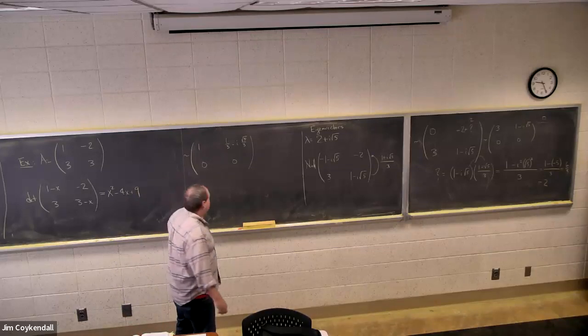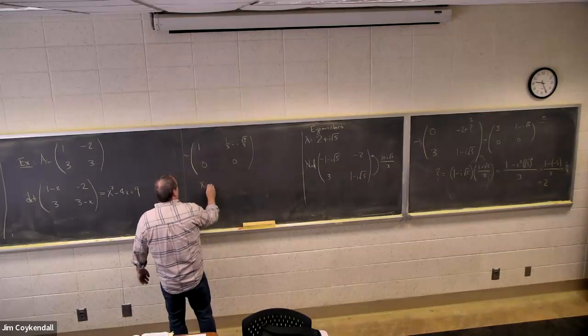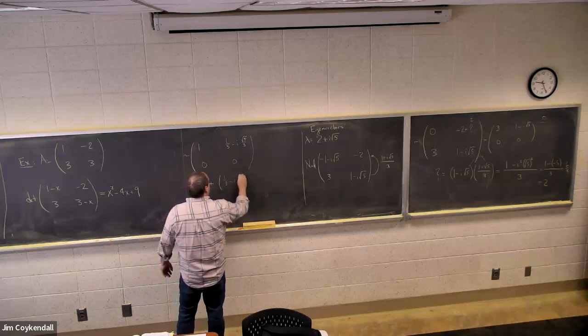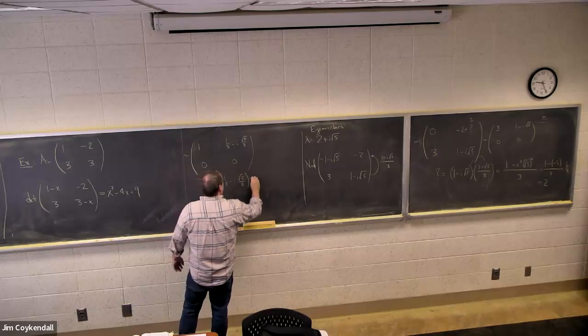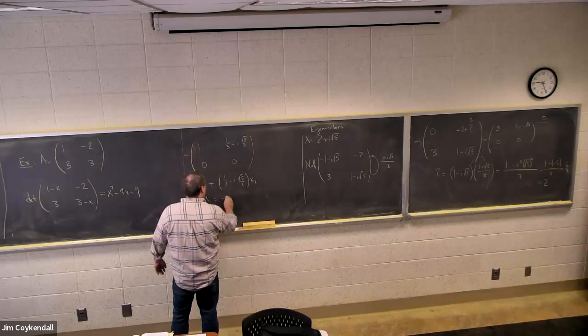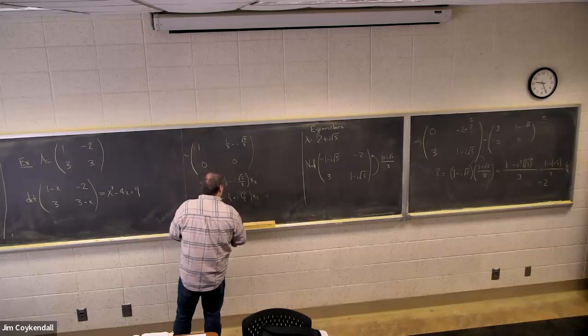So my eigenvector should be, here what we have is x1 plus this mess x2. So x1 is equal to minus 1/3 plus i radical 5 over 3 times x2.